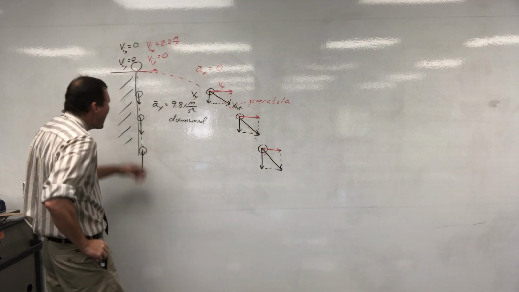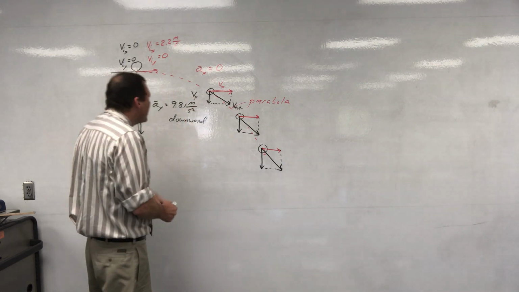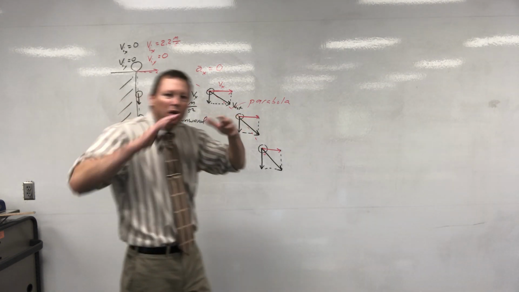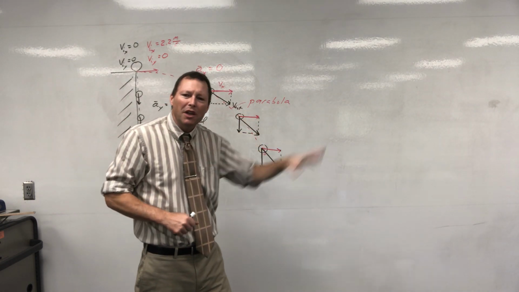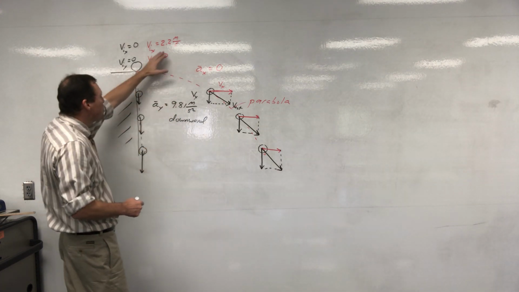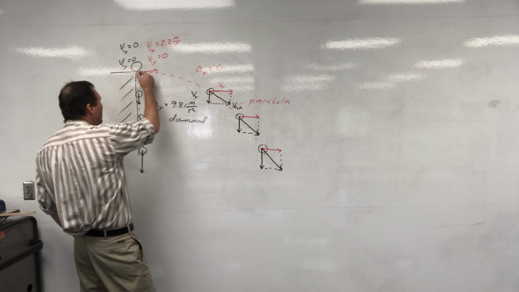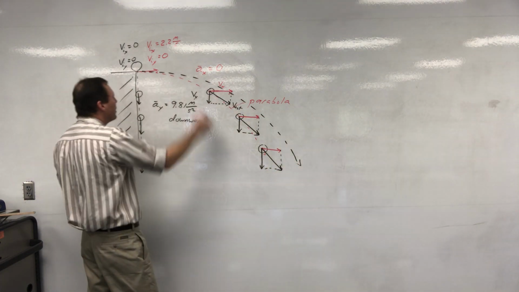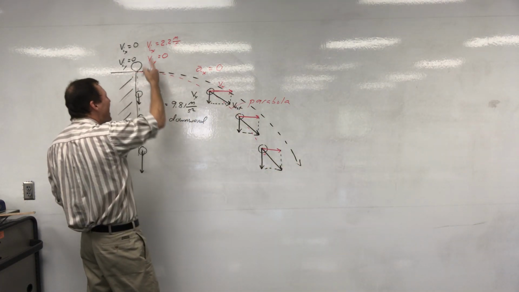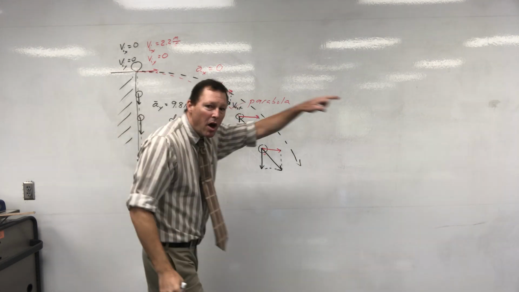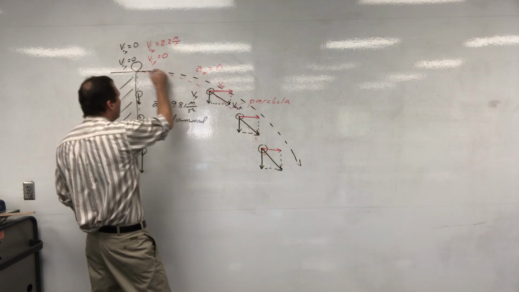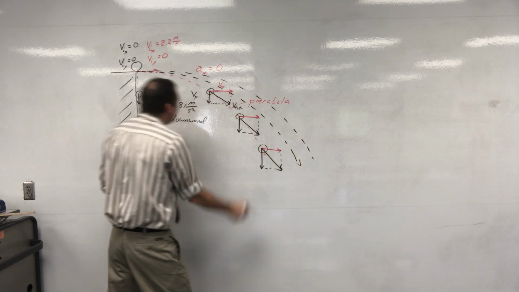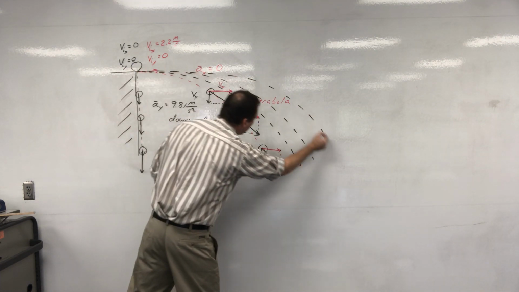So if you think about my demo, if I had a stronger plunger and it could hit the ball harder and give it a bigger horizontal velocity, let's say 4 meters per second, it would look like this. Again, a parabola. And if I could hit that ball even harder and give it a greater horizontal velocity, it would look like that. And it would look like that.